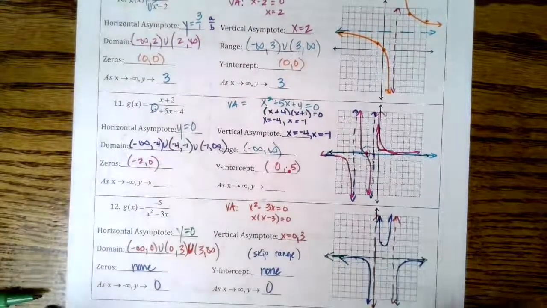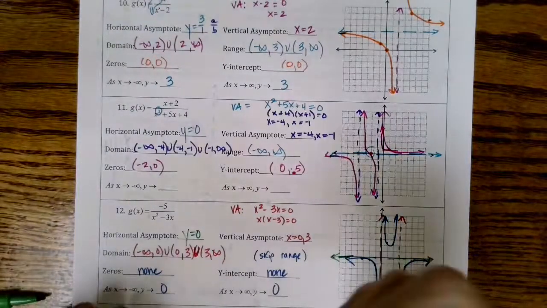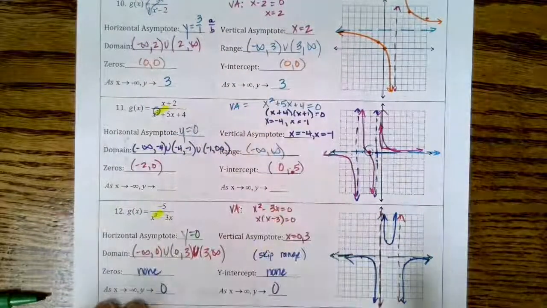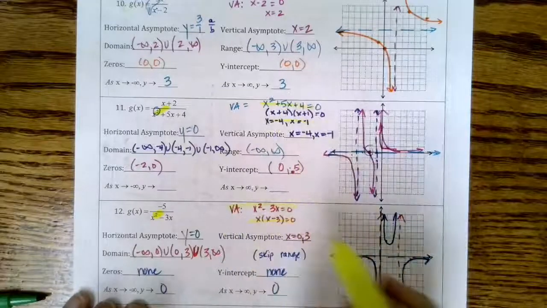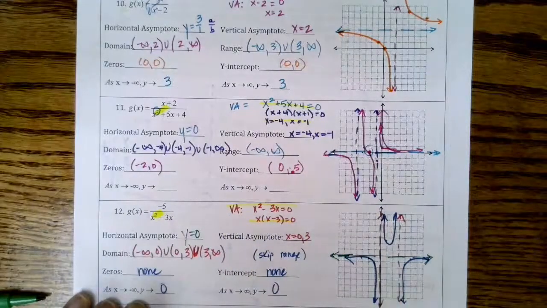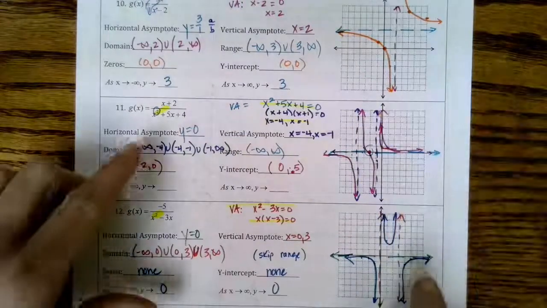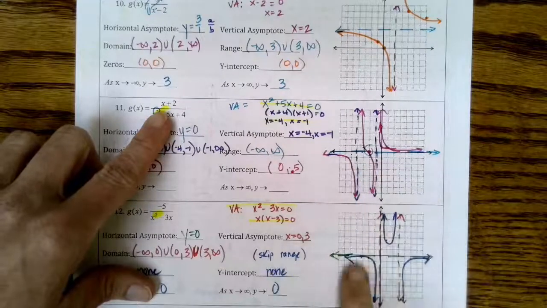11 and 12 are a little more difficult because with each of these I have a quadratic in my denominator. So having that quadratic means that I need to spend some time factoring to find those vertical asymptotes. So when I find them, I have 2 vertical asymptotes, and depending upon where my x's are, my graphs are pretty crazy looking.